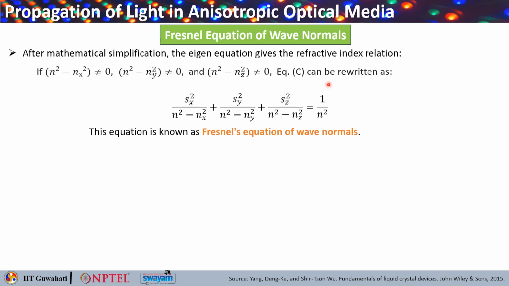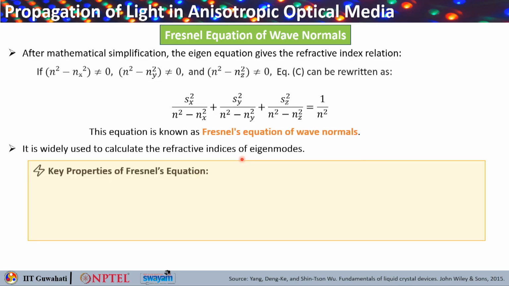In that case, equation C can be rewritten in a simpler form, which looks like sx square divided by (n square minus nx square) plus sy square divided by (n square minus ny square) plus sz square divided by (n square minus nz square) will be equal to 1 by n square. So, this is the equation which is known as the Fresnel equation of wave normals. Now, you can use this to calculate the refractive indices of these eigenmodes.